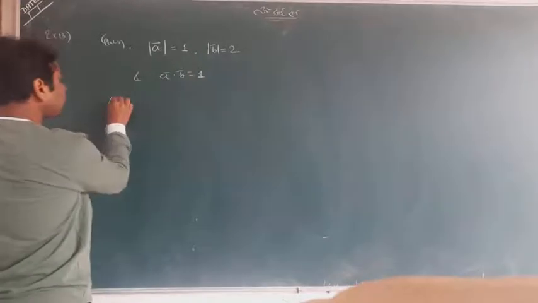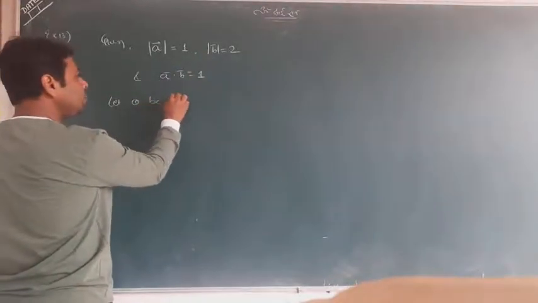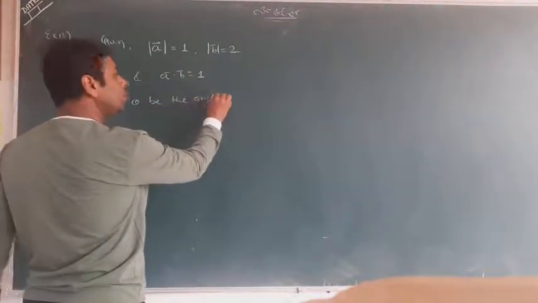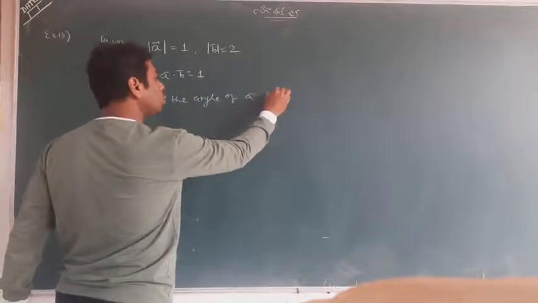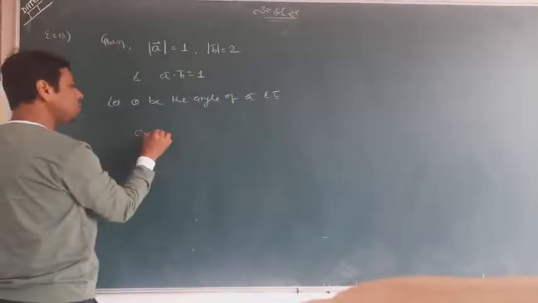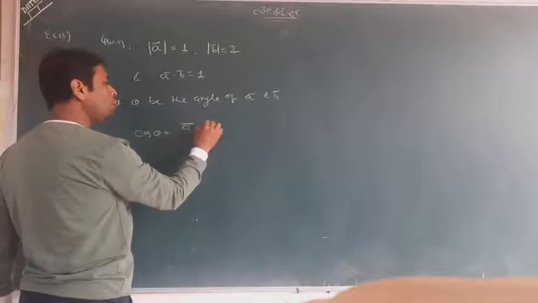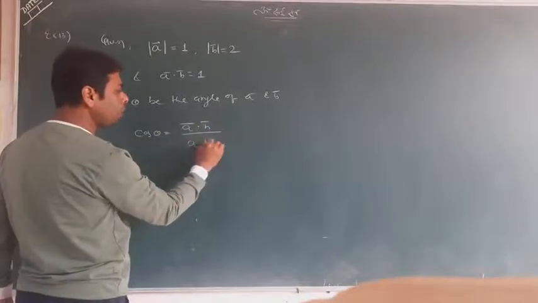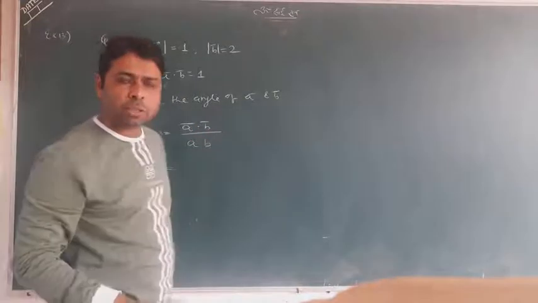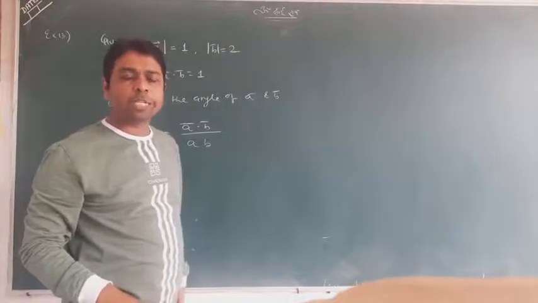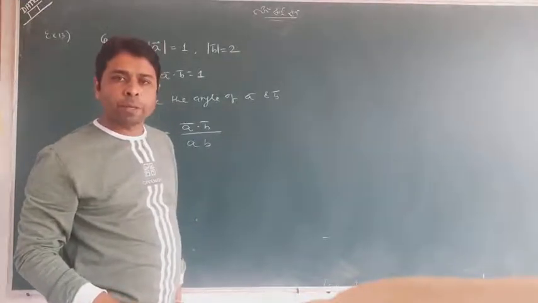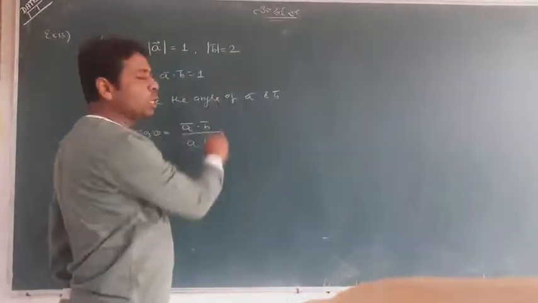Let theta be the angle of A and B. So what is the formula of cos theta? You know it: A dot B upon mod A mod B. You can put all the values. In this case, A and B are not given in IJK form, but we are given particular values.